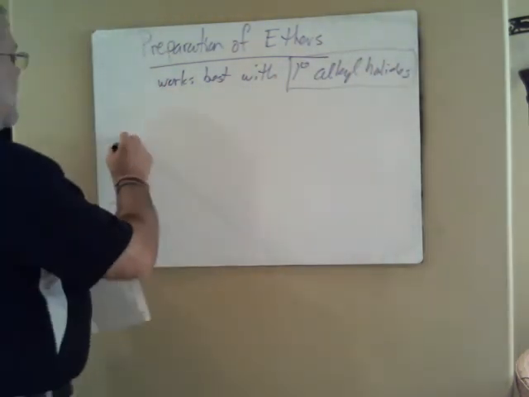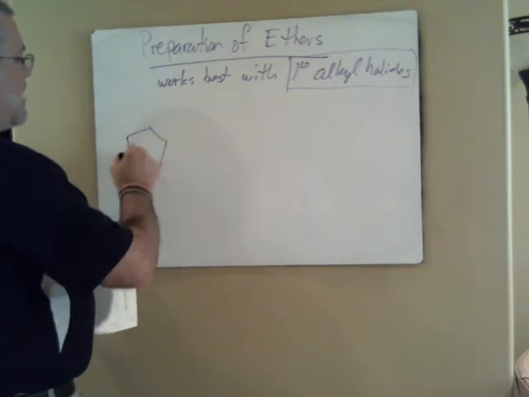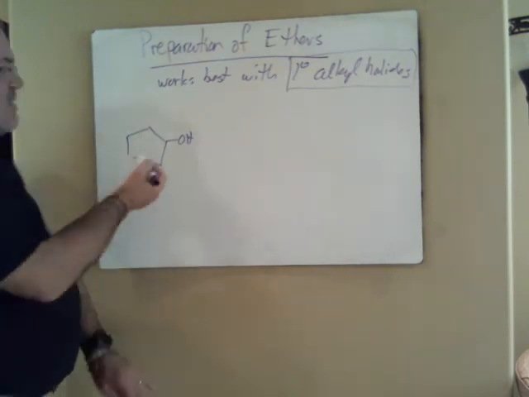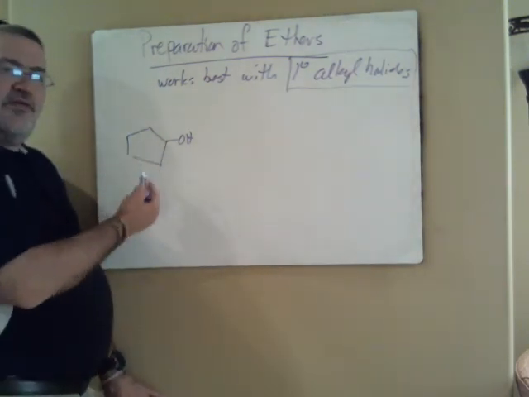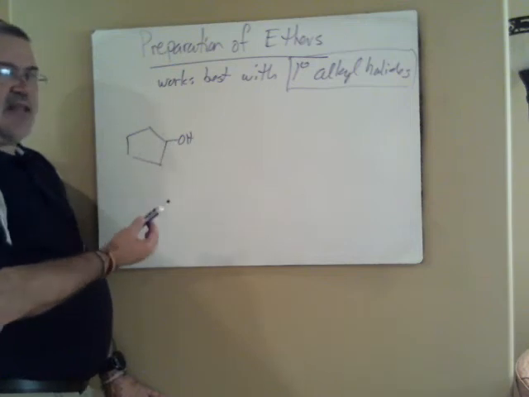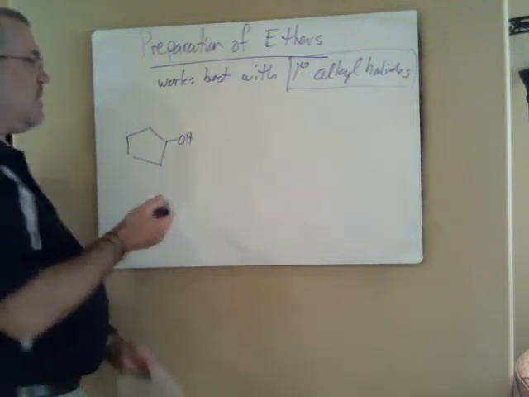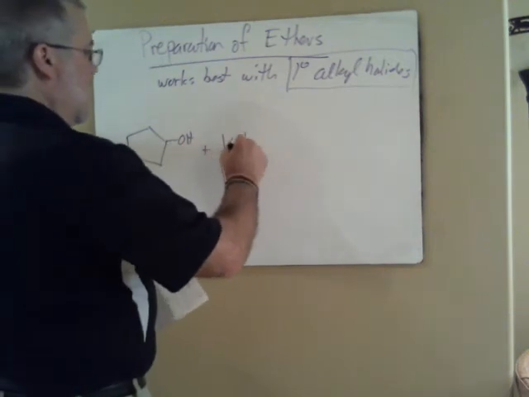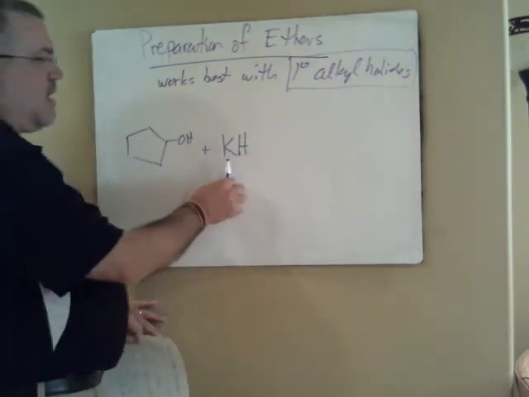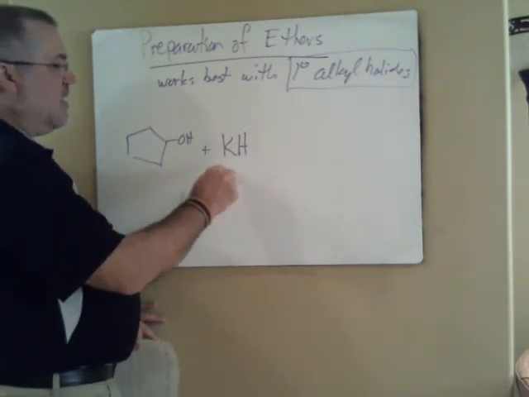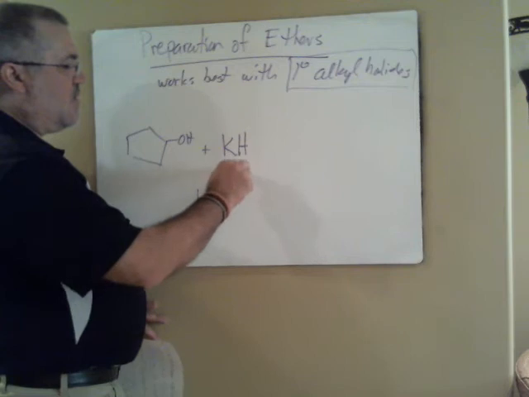Now, how do we make the alkoxide? I'm not sure whether this is review or not, so I want to show you. You make these from the alcohol. So if you wanted to do a Williamson ether synthesis, you'd first have to make that alkoxy anion. And to do that, you react an alcohol with a metal hydride, like potassium hydride. It would also work for sodium hydride.